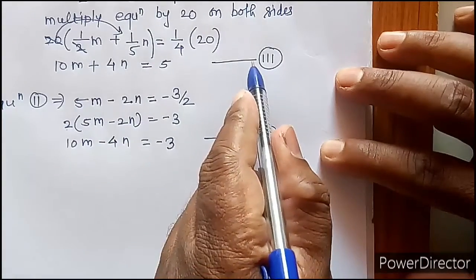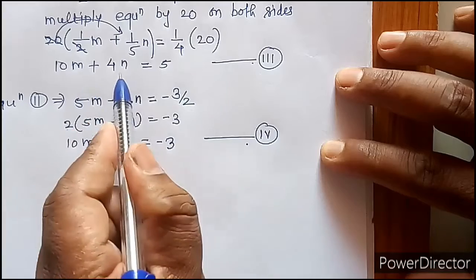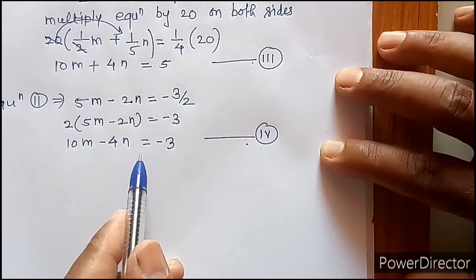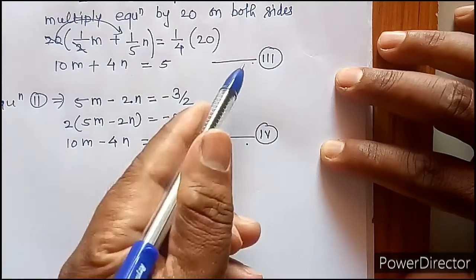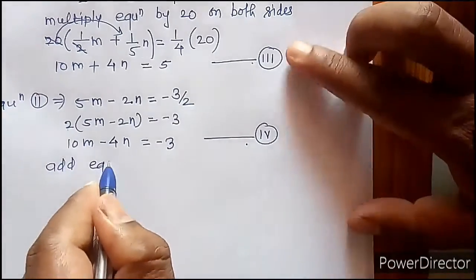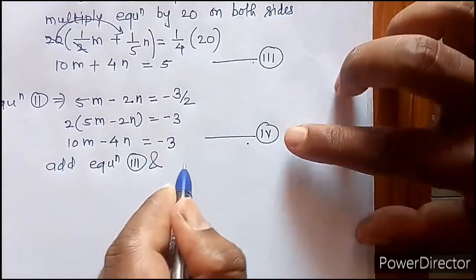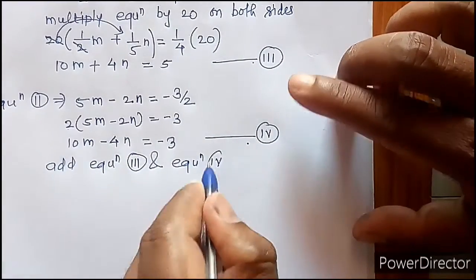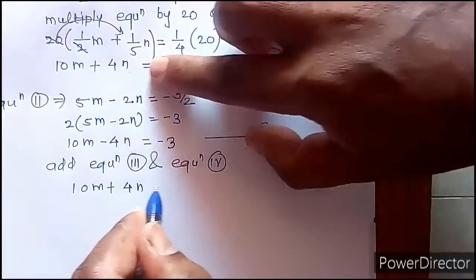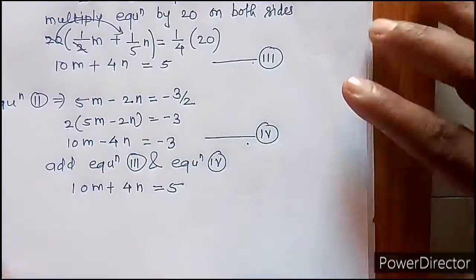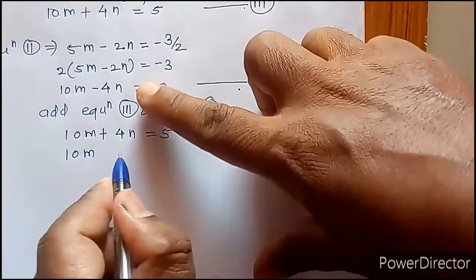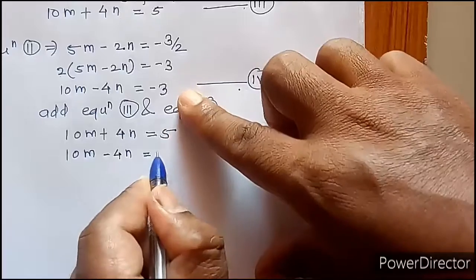Now by observing equation number 3 and equation number 4, we see that plus 4n comes here and minus 4n comes there. It will be cancelled on adding equation 3 and equation 4. Equation 3 is 10m plus 4n equals 5, and equation number 4 is 10m minus 4n equals minus of 3.